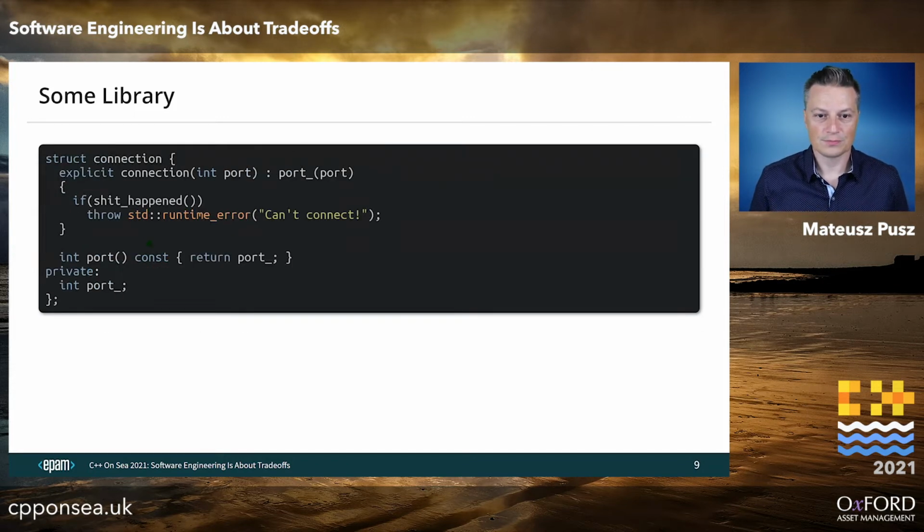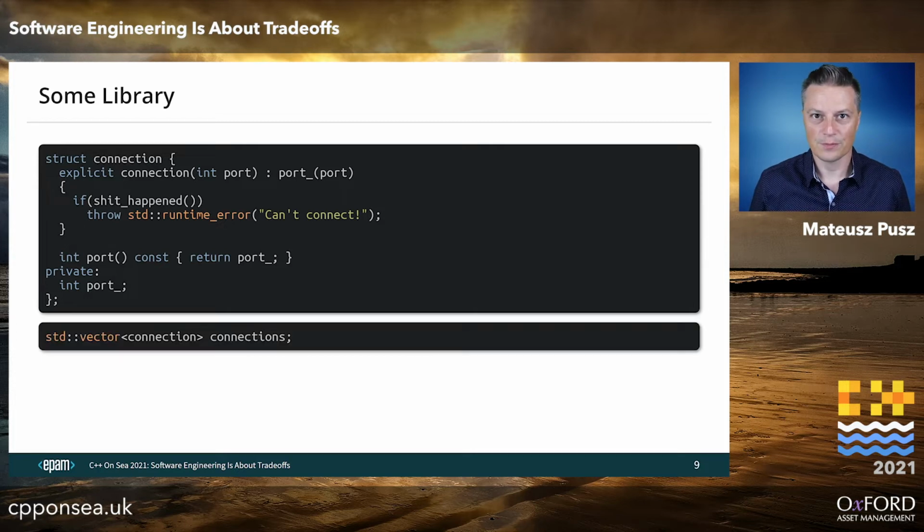Our connection is really simple. It takes the port to connect. But sometimes, if something bad happens, we may have an exception. I don't know, the network is down, or the database is down, or whatever, right? And we have a getter to get the port, and the port is stored here.